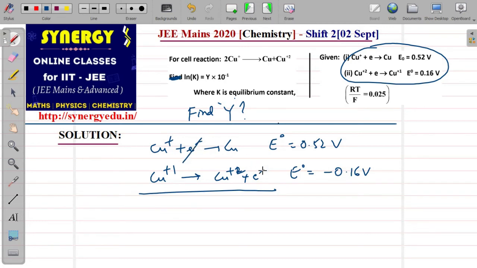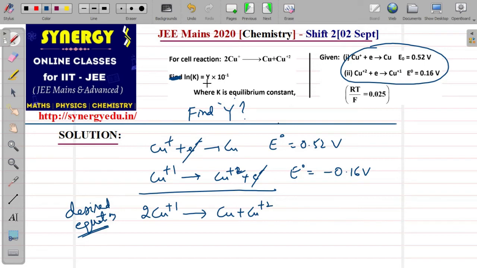Because when I add these equations, I will get the required equation. This is the desired equation.